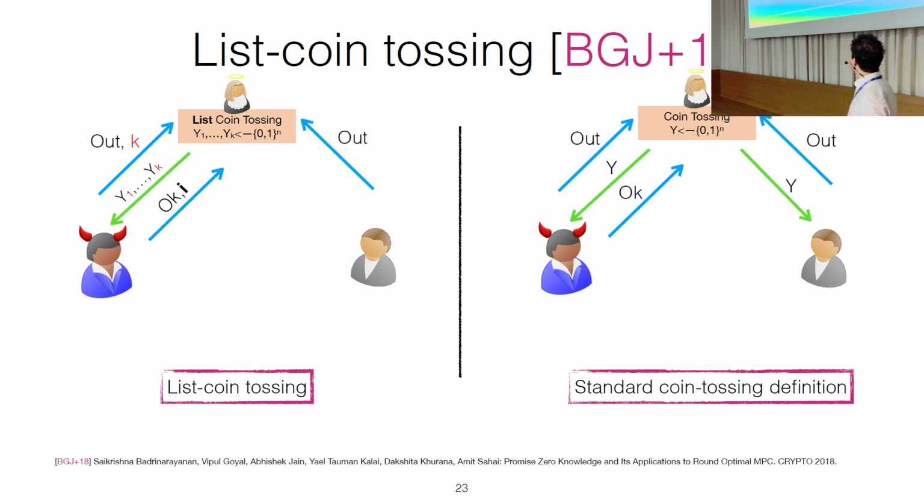So when the adversary decides that he likes the ith output, the adversary sends this index to the ideal functionality, and the ideal functionality delivers this output to the other party. So we are allowing the adversary to be a bit stronger and to be able to bias the output of the computation a bit more. I mean, this is of course a worse functionality compared to the one we have on the right.